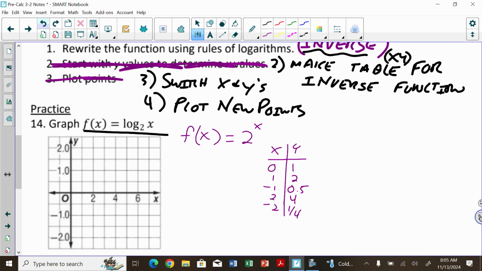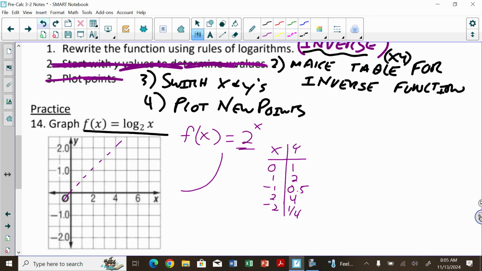Now that is my inverse function. That's the exponential function, which has a graph that kind of looks like this, right? And remember we're going to reflect over this line, so we should have something else.